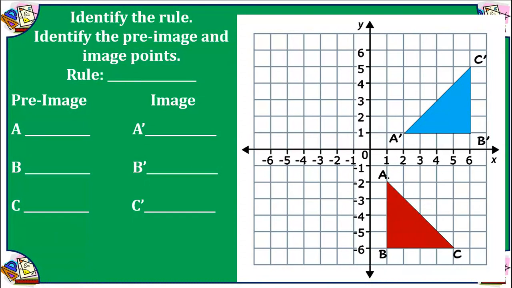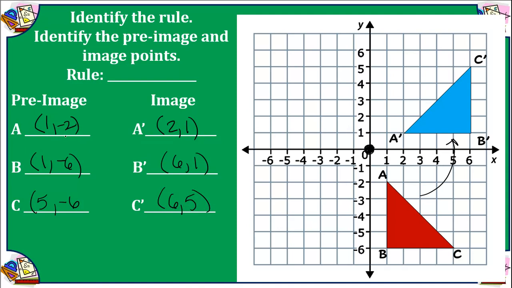So here we have our pre-image. A is (1, -2), B is (1, -6), and C is (5, -6). Again, we are going counterclockwise, which is to the left, so we're rotating this way about the origin, and we can see that A' is (2, 1), B' is (6, 1), and C' is (6, 5).